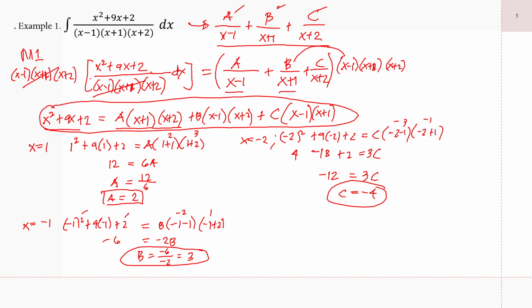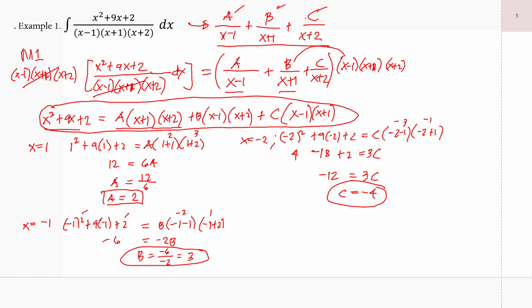In method 2, we copy x squared plus 9x plus 2 is equal to A times (x plus 1)(x plus 2), plus B times (x minus 1)(x plus 2), plus C times (x minus 1)(x plus 1). Okay?